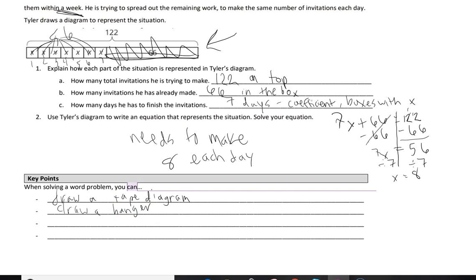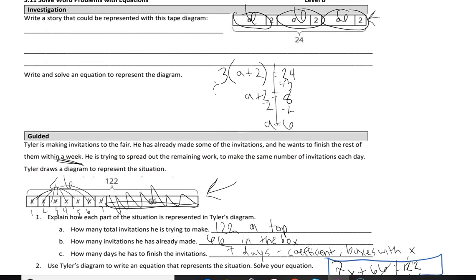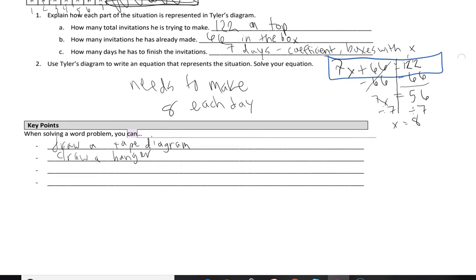But just those things by itself is not enough, you guys. If a problem says write an equation, you have to actually write an equation. An equation is the part that looks like this or like this. It's your math language version of what you're doing.